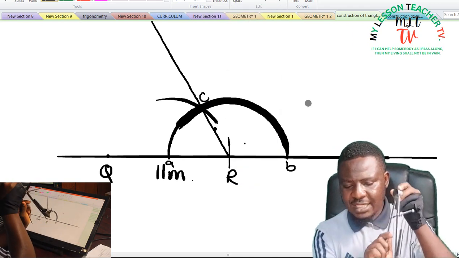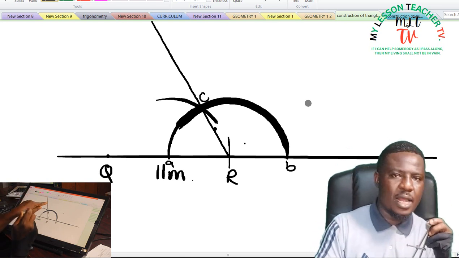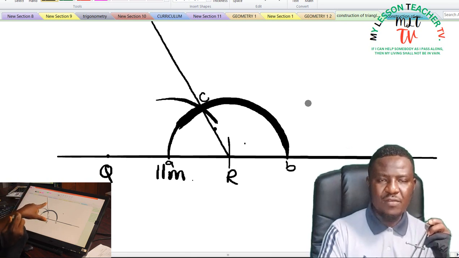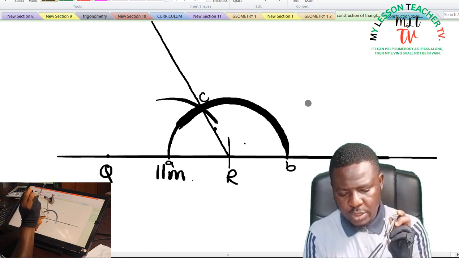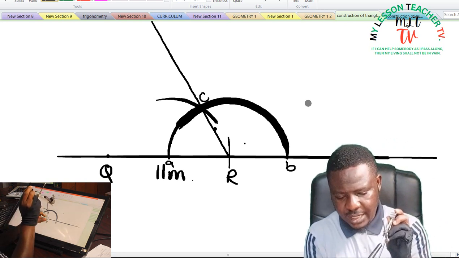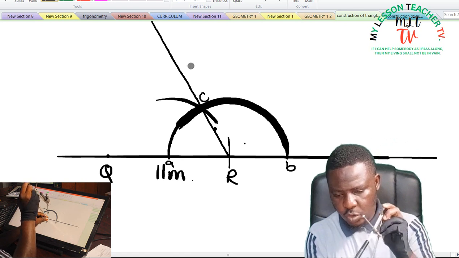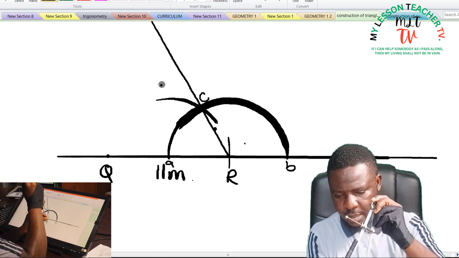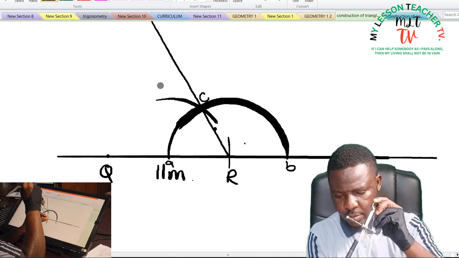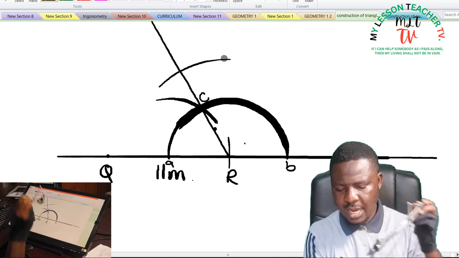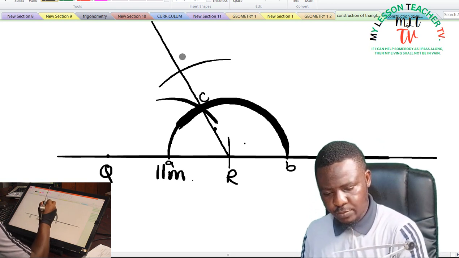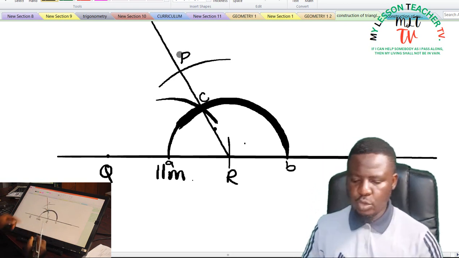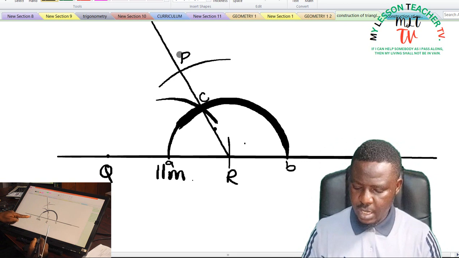With R as center, I'm going to identify point P because we have it that RP is said to be 9. So with R as center, you construct an arc this way, and that gives me my point P. So this is point P. I'm going to join PQ.